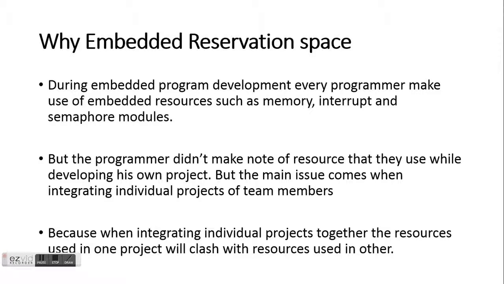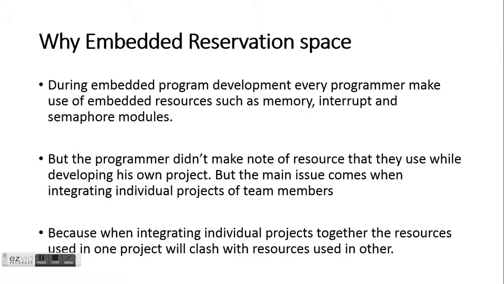Why do we need to use Embedded Reservation Space during embedded program development? Every program makes use of embedded resources such as memory, interrupts, and semaphore modules, and we already know that. But programmers didn't make note of the resources that they use while developing their own project.